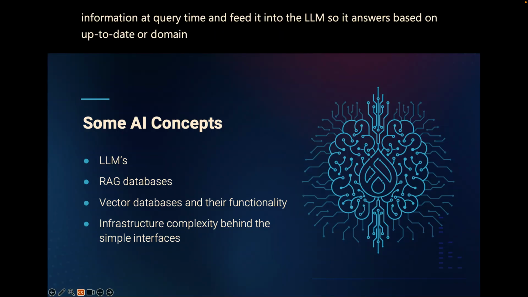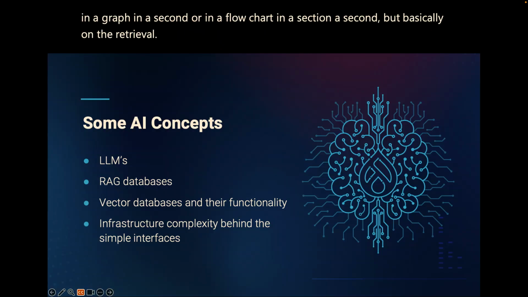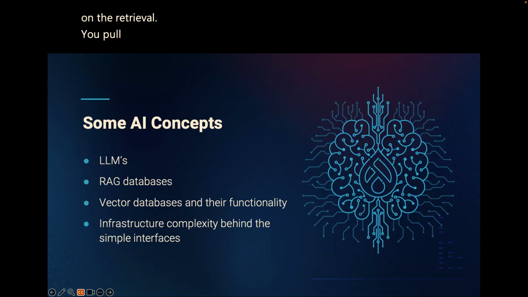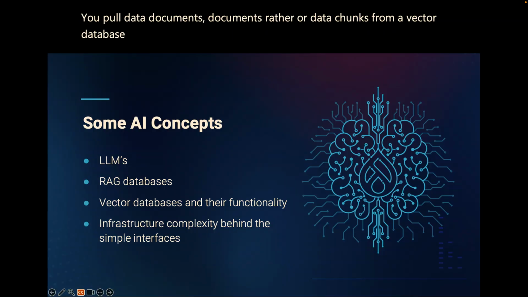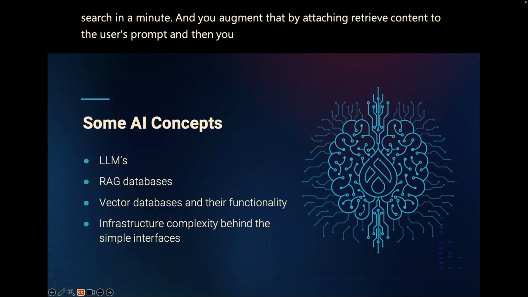We'll go into how it works in a flowchart in a second, but basically in the retrieval step, you pull documents or data chunks from a vector database using similarity search, or vectors. We'll talk about similarity search in a minute. Then you augment that by attaching the retrieved content to the user's prompt, and you feed the whole thing back into the large language model, which generates the response.